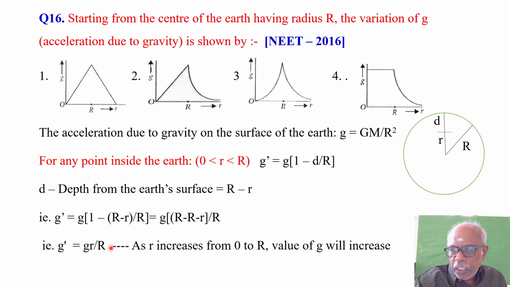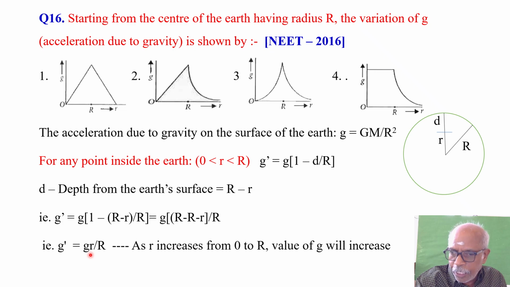So what does this equation say? As r increases from 0 to capital R, the value of g will increase, because g dash is directly proportional to small r. So figure 4 is wrong, because there the value of g remains constant up to capital R, but this equation doesn't say that.